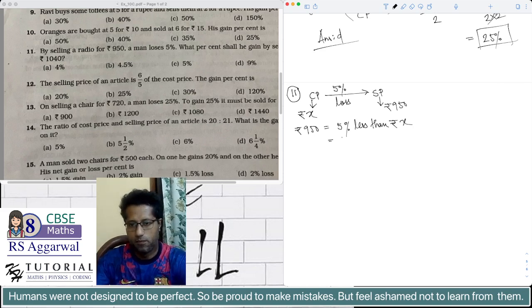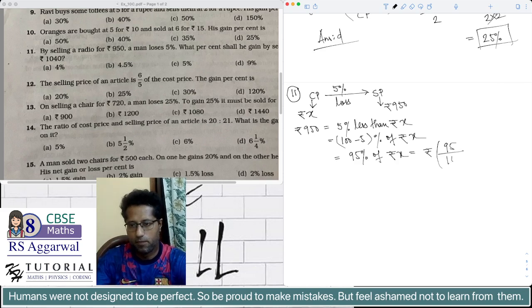5% less means 100 minus 5% of rupees x. This is equal to 95% of rupees x. This is equal to rupees 95 divided by 100 multiplied by x.